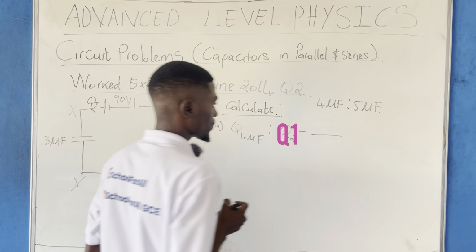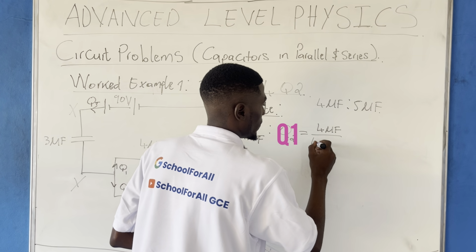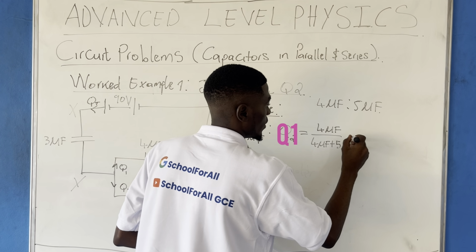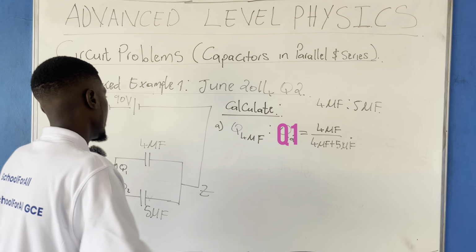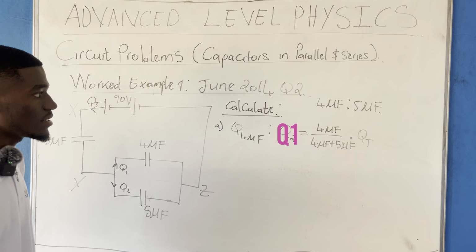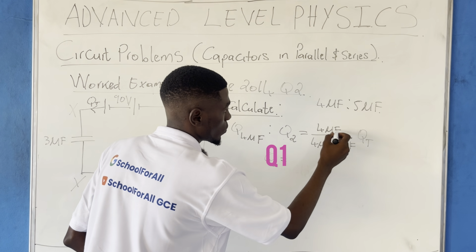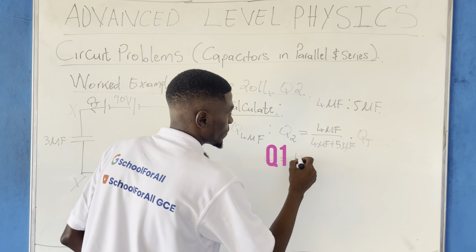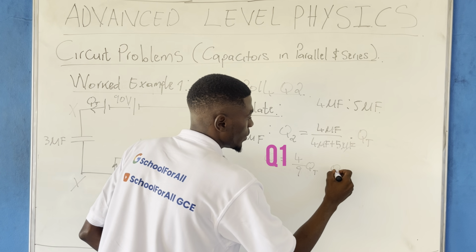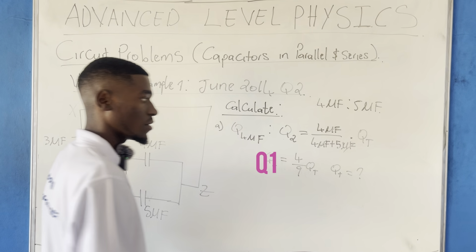It means I will have 4 microfarad all over 4 microfarad plus 5 microfarad times the total charge being shared, Q total. So Q2 is simply equal to 4 over 9 Q total. But we need to find Q total. We do not have Q total.